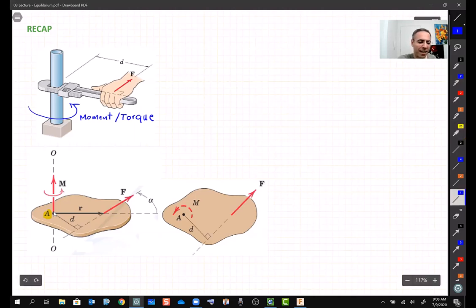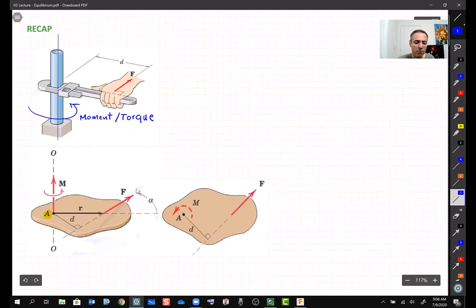Here, again, look back at this pipe. We want to rotate this pipe around this vertical axis, all right? But it's easier for us when we teach to say just a point, right? Like here, I'm taking the moment about point A. But in fact, whenever we talk about the moment, it's about an axis.